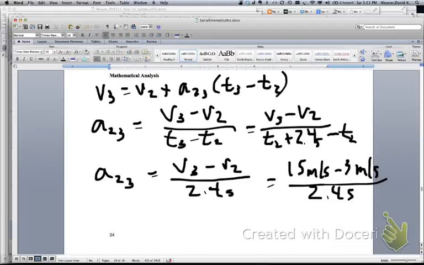And so, whipping out the calculator, it would be an acceleration for that next interval of 5 meters per second every second.